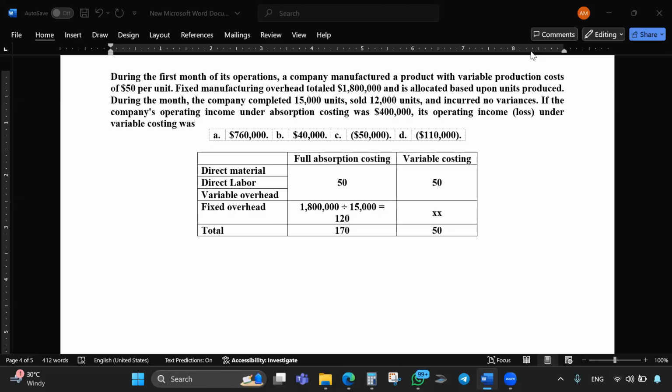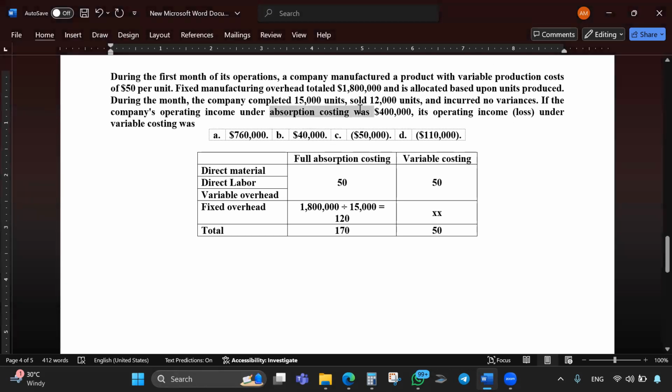There is a formula to calculate the difference in net income between using absorption costing and using variable costing. The difference in operating income between the two methods will be equal to fixed overhead per unit multiplied by the difference in units between what has been manufactured and what has been sold. The fixed overhead per unit is presented here, which is $120 per unit.